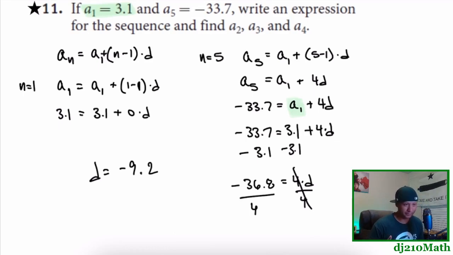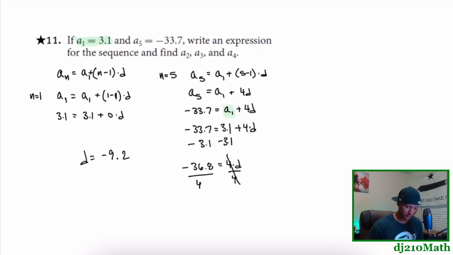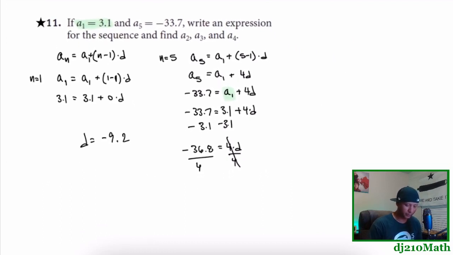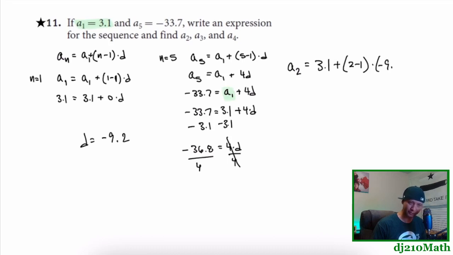That's the common difference. That doesn't answer the question, that's not what we're looking for. We're looking for a sub 2, a sub 3, and a sub 4. So if the common difference is negative 9.2, then a sub 2 is going to be equal to a sub 1, which is 3.1, plus 2 minus 1 times negative 9.2. 2 minus 1 is 1, that's nice.